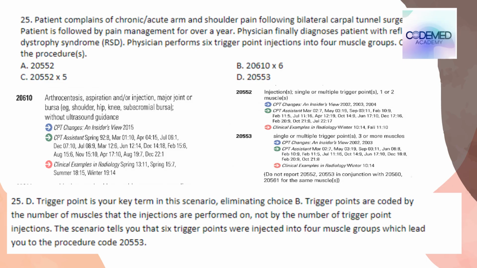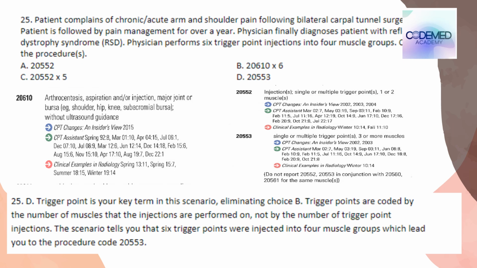Let us take one more example. The patient complains of chronic and acute arm and shoulder pain following bilateral carpal tunnel surgery. The patient is followed by pain management for over a year. The physician finally diagnosed the patient with reflex sympathetic dystrophy syndrome. The physician performed six trigger point injections into four muscle groups. So what is the CPT procedure code?